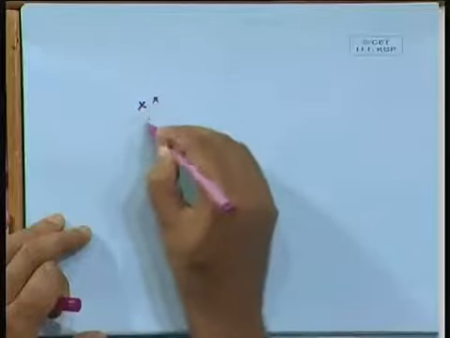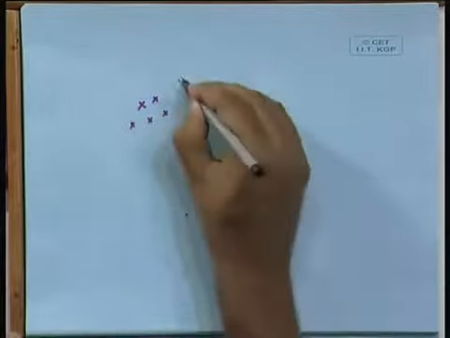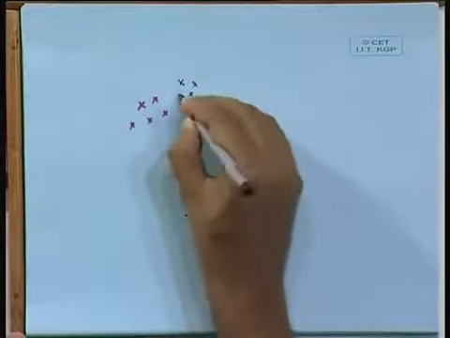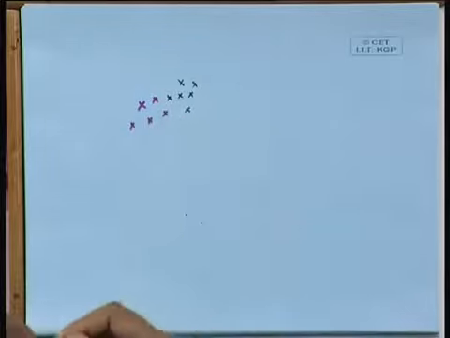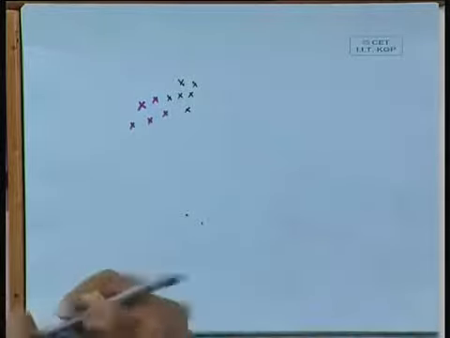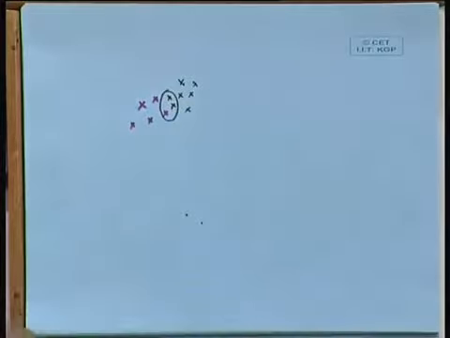The question that has been asked is that supposing this is one cluster, cluster 1 let us say, and supposing we have another cluster, cluster 2, and the cluster 1 and cluster 2 have some kind of intersection. So, this is more or less the intersection zone.